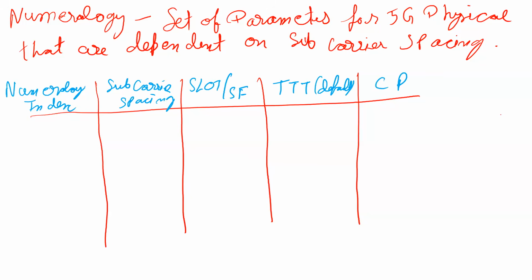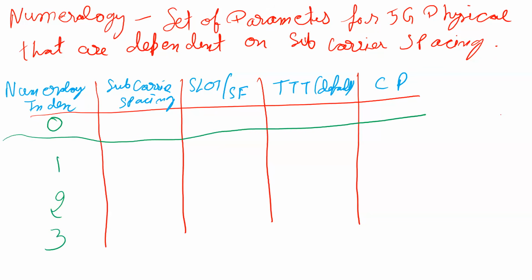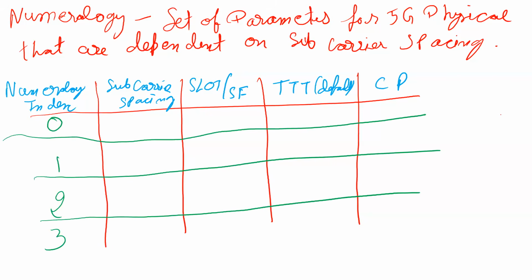There can be many numerologies supported in case of 5G, but generally we talk about 4 numerology, which is 0, 1, 2, and 3. Okay, we generally talk about these 4 numerology.